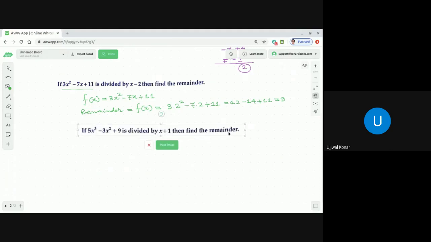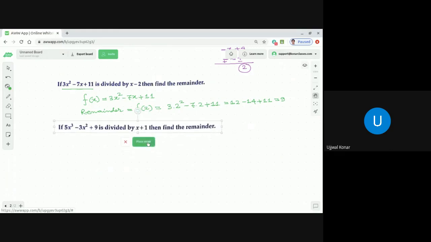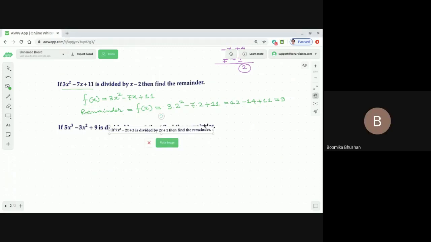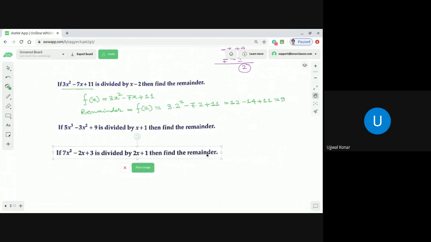Please write down these 2 questions. I want you to give me the answers once we start our class at 6:30. The first question is: if 5x cube minus 3x square plus 9 is divided by x plus 1, then find the remainder.